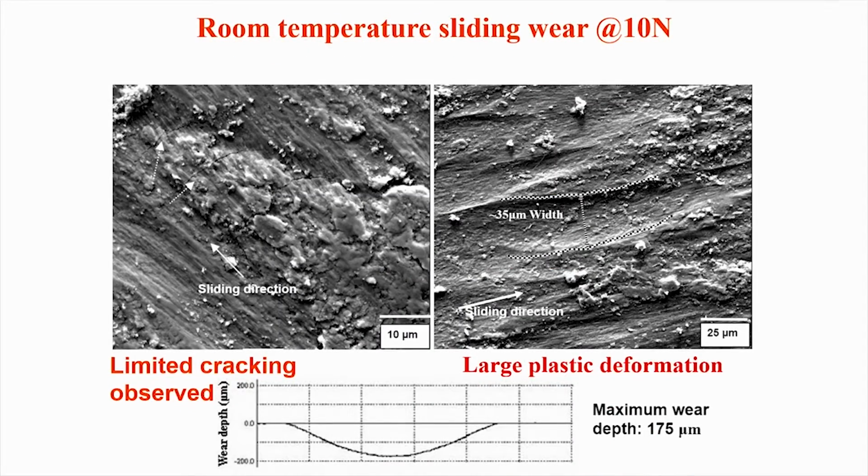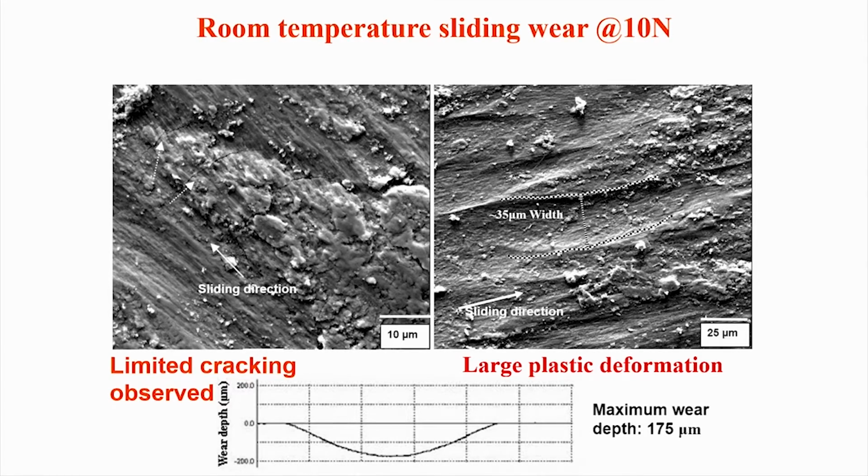In contrast to this fish scale pattern and microcracking on the worn surface, you notice a completely different scenario when the same tribosystem, or tribocouple, is slid at room temperature or ambient temperature.